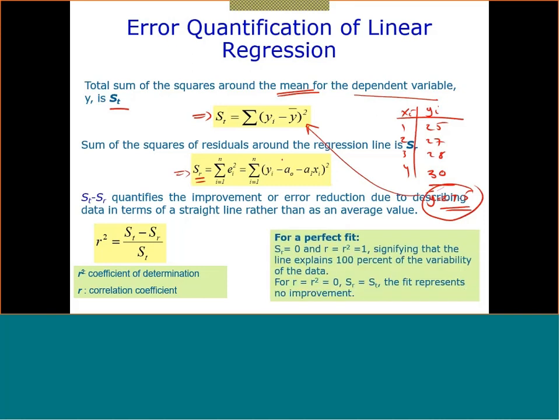So here we have no improvement when R square is equal to 0. It means that your error in the model and your average error are exactly the same, which is a bad thing. It's a very bad fit when the error and the actual data are the same, it means it's really, really bad.